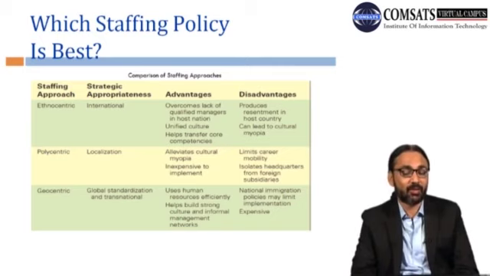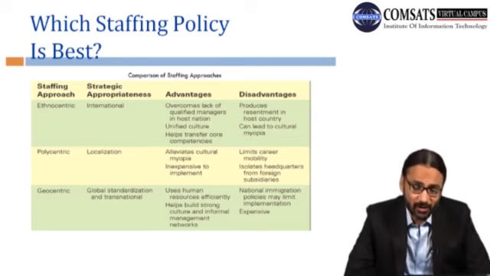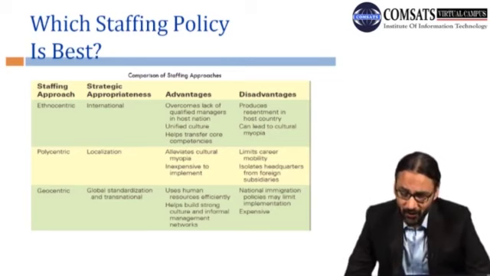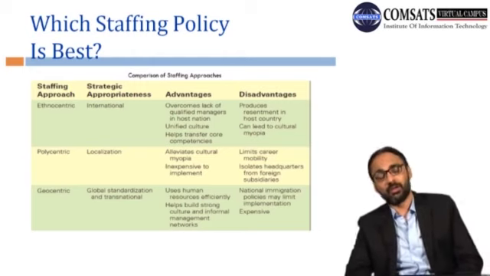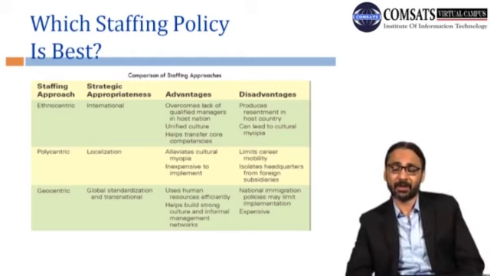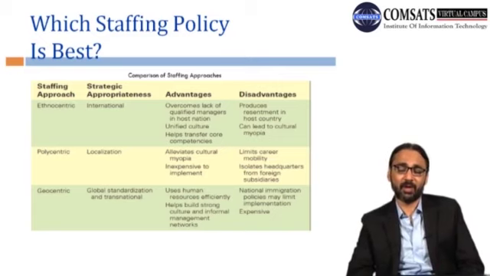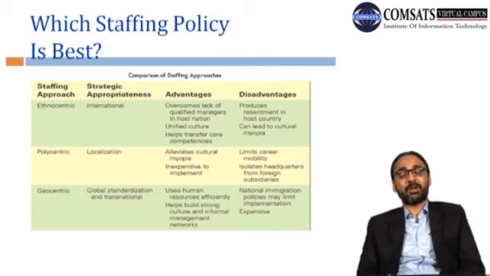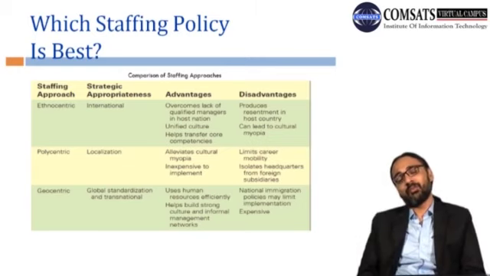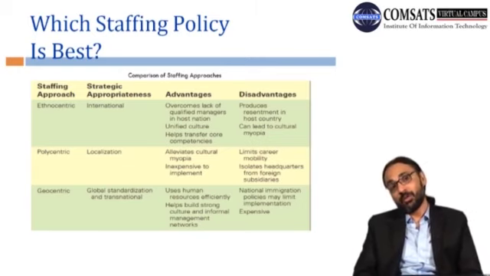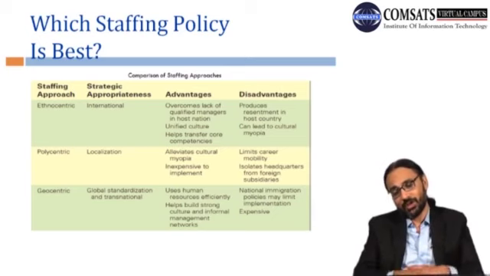This is the second approach, polycentric. Under the second approach, the strategic appropriateness is localization. When the firm has a localization strategic approach, the advantages are that it eliminates cultural myopia and is inexpensive to implement, because they are only hiring local people. The disadvantages are that it limits career mobility and isolates headquarters from the foreign subsidiary. Limiting career mobility means that they are hiring people only from the host market, the Chinese market.